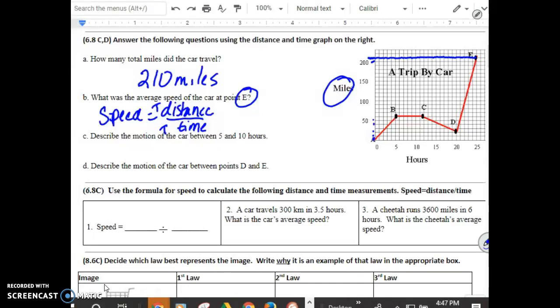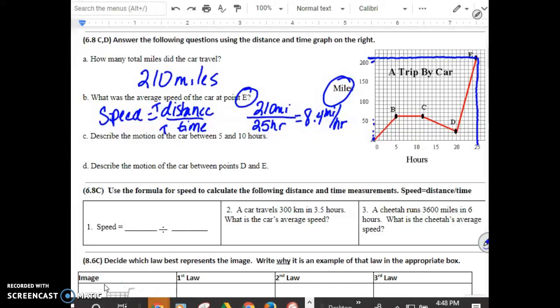So at E, the total distance traveled, we already figured that out, was 210 miles, divided by the total time. Well, at E, it had gone a total of 25 hours. So 210 miles divided by 25 hours is going to be equal to 8.4 miles per hour. It's a slow car. It's a very slow car.